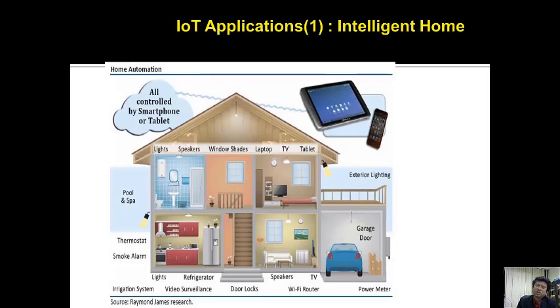These devices will collaborate autonomously with the house sensors, and the control of various things becomes much easier.